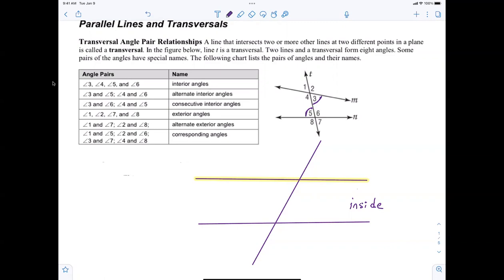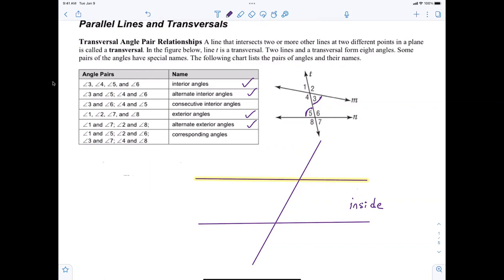All right, so we know what the interiors are, we know what alternate interior is, we know exterior. And now what are the alternate exterior angles? 2 and 8 and 1 and 7. All right, I just don't know what's difficult about that at all. Don't be confused. The words have meaning.